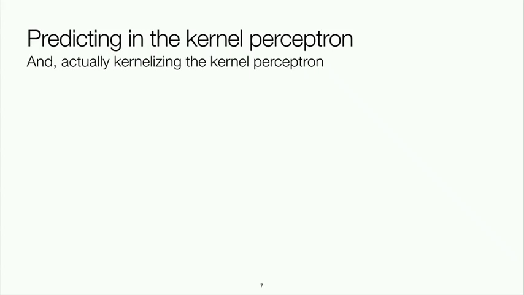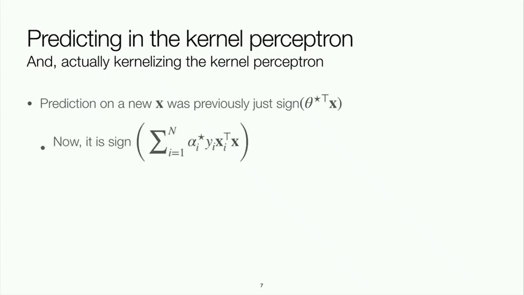We're also going to talk about how you predict using the kernel perceptron. Remember previously, when we had a new x at test time and we're trying to make a prediction, we would just look at the sign of theta star transpose x. Theta star is whatever the algorithm returned to us. Well, now we have alpha stars, but that's just as good.